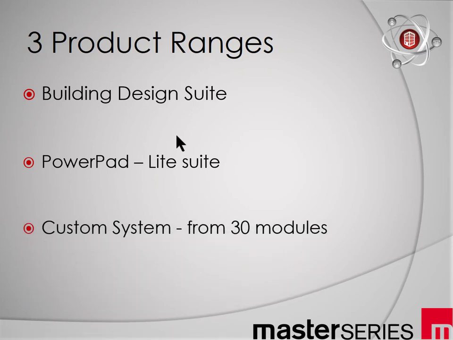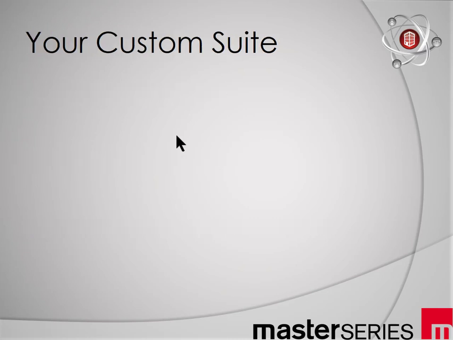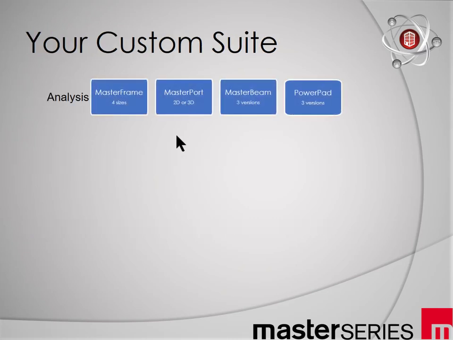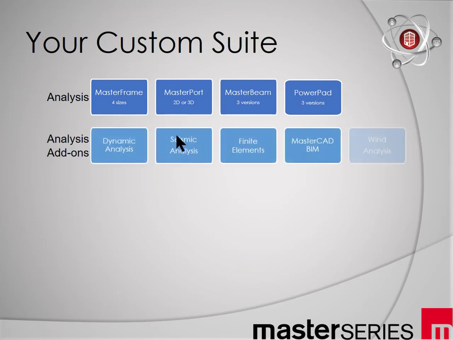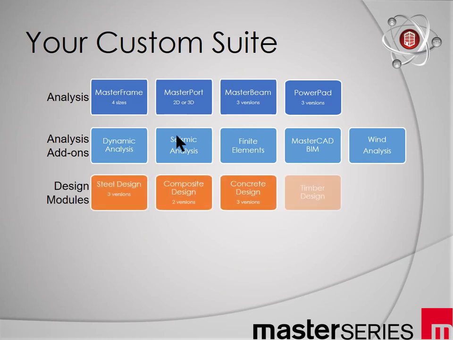And then we have the custom suite, as I call it, where you can configure what you've got. If you look at the custom suite, we have 4 different types of analysis. We then have all these add-ons that you can add in, including dynamic and seismic and wind and things like that. And then we have our design modules. The reason we do this as a modular system is so that you only purchase what you need.